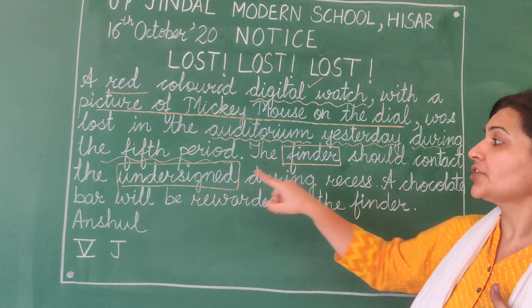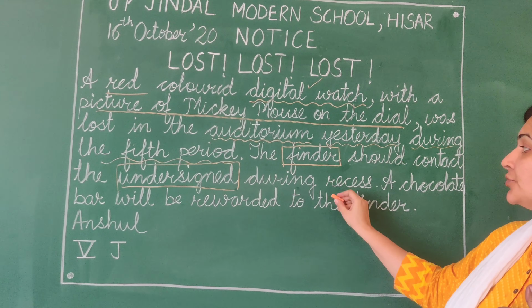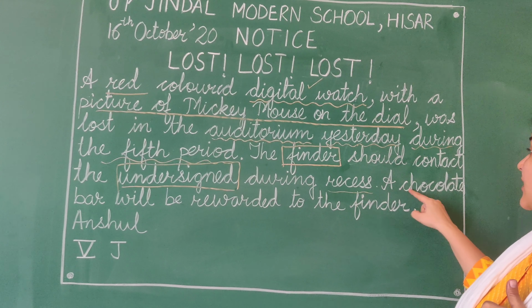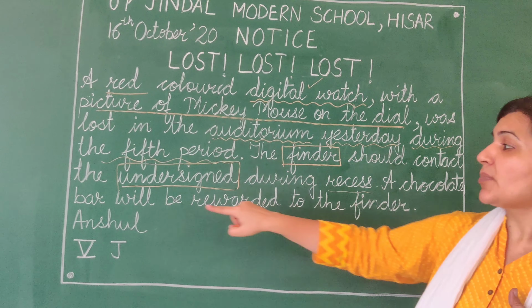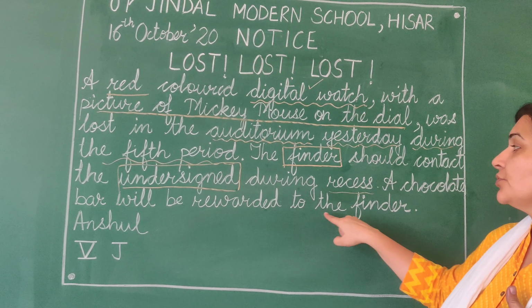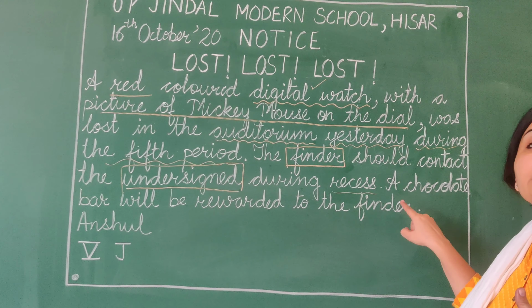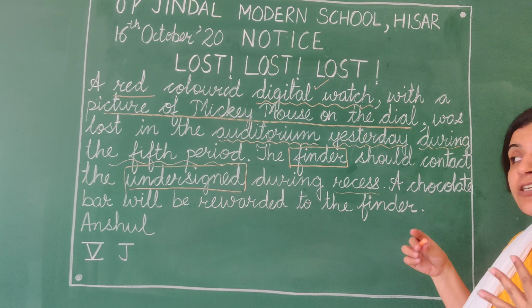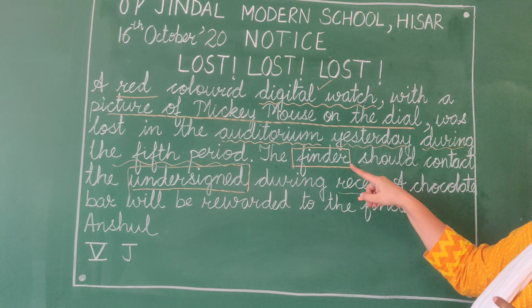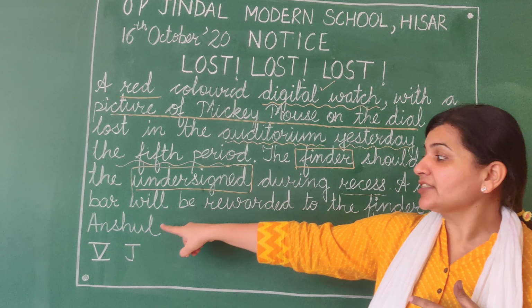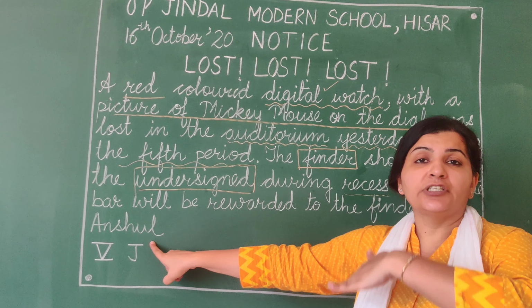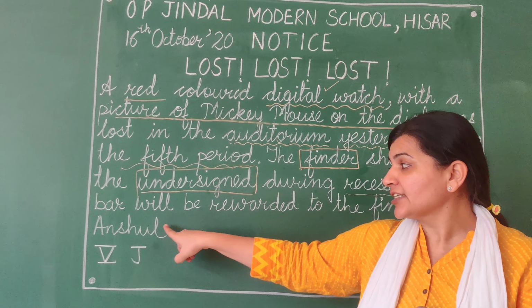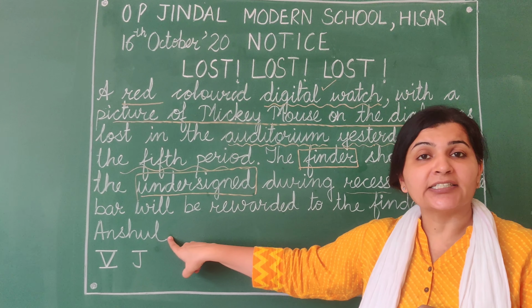The finder should contact the undersigned during recess, and a chocolate bar will be rewarded to the finder. So the one who finds it should come to the person. Undersigned means the one who has issued the notice or written the notice, the one who has signed under.